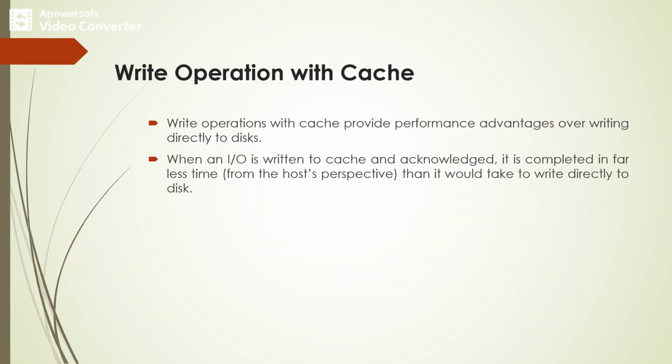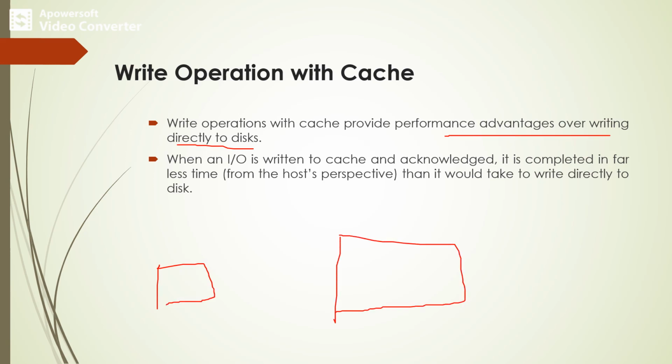Next we'll take write operations with respect to cache. Write operations with cache provide performance advantages over writing directly to the disk. As I mentioned, the size of the cache is small compared with the main memory. If I perform write operations with respect to cache, it takes less time than performing the write operations with respect to the main memory.